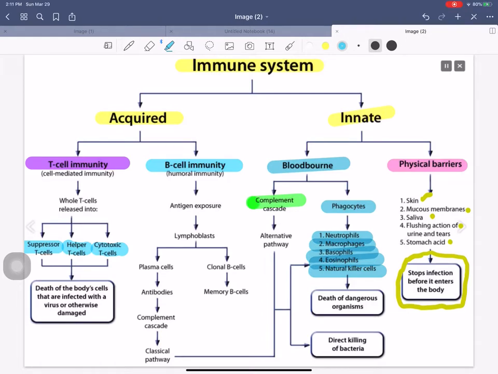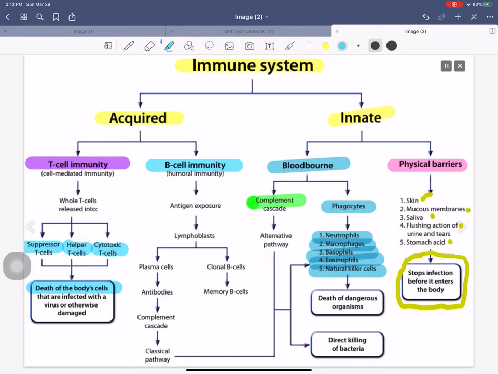Now, it may seem odd, but if a cell is infected, say internally with a virus, T-cell immunity can't get into the cell itself and fix the cell, so its only option is to destroy that cell, and therefore stop, say, a virus from using that cell to replicate. So we're looking at death of body cells that are infected by the organisms.